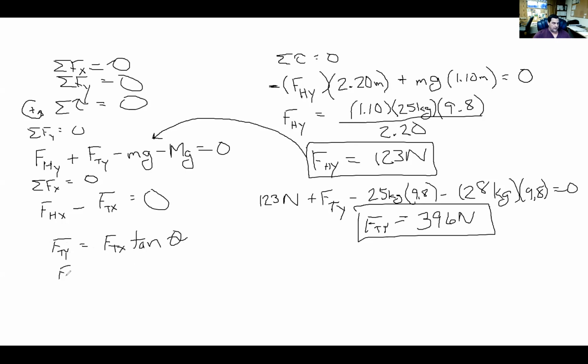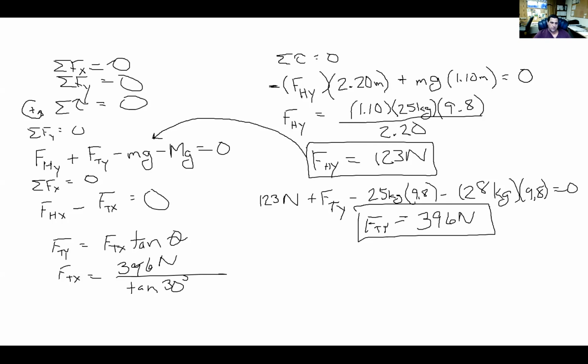If I want Ftx, I would end up with my 396 newtons divided by the tangent of 30 degrees, because tangent is opposite over adjacent.